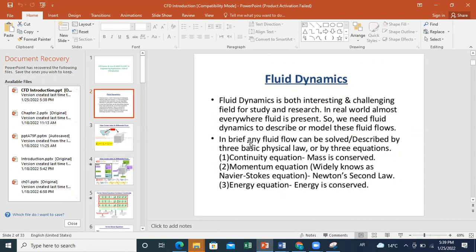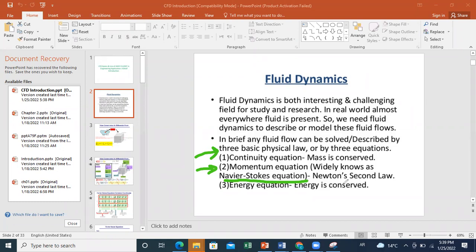Now, whenever you have a certain fluid flow problem, to solve it you need to first write the basic physical laws, which are the continuity equation, which deals with mass conservation, and the momentum equation, which, in case you have constant viscosity and constant density, you call the Navier-Stokes equations.